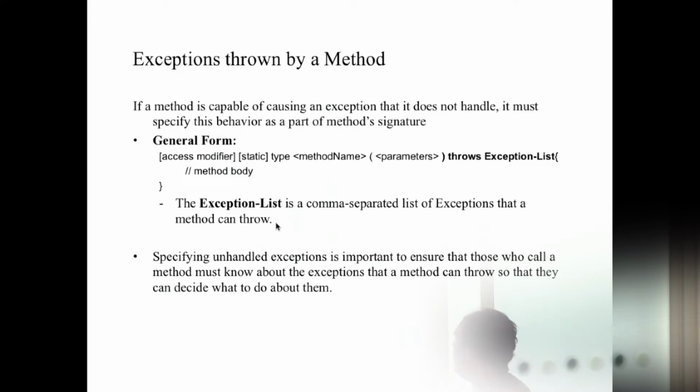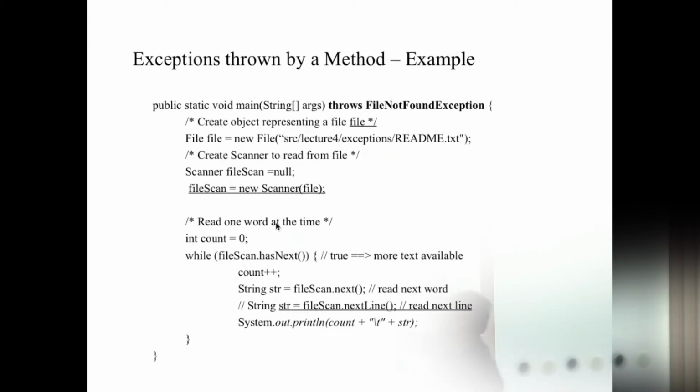So you write throws, and then you write one exception, comma, another exception, a third exception, however many exceptions you need. Like here, throws file not found exception, and if you want to specify another exception, you can put it after the comma.